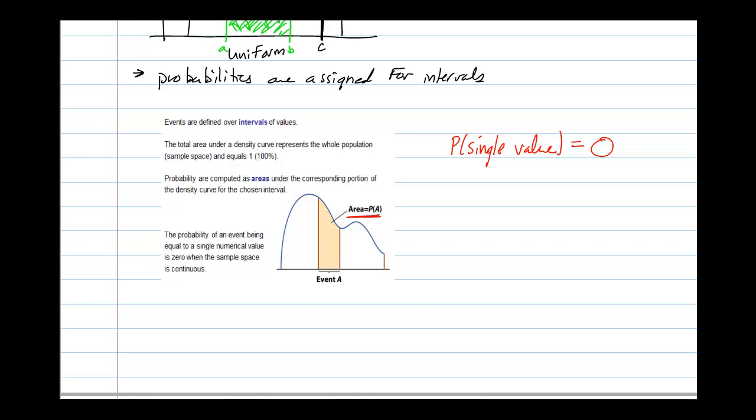So let's go ahead and look at an example of a very simple case with a uniform distribution, because we're really good with the uniform distribution because basically you're finding areas of rectangles. So let's go ahead and look at an example, and in this particular example we're using a uniform distribution.